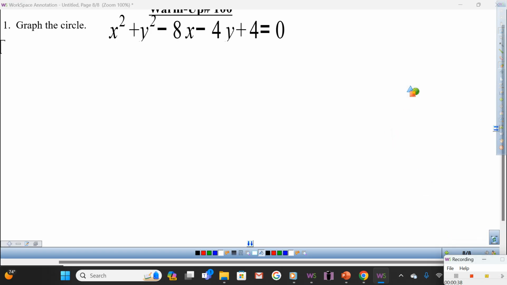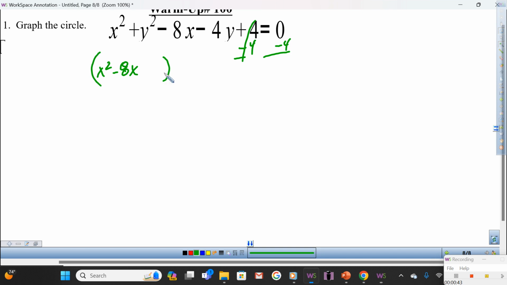Who did we say? Anthony E. What is the first thing we do with this, Anthony E? Subtract 4. That is correct. And then we group all the x's together, plus all the y's together, and leave an empty space for each.